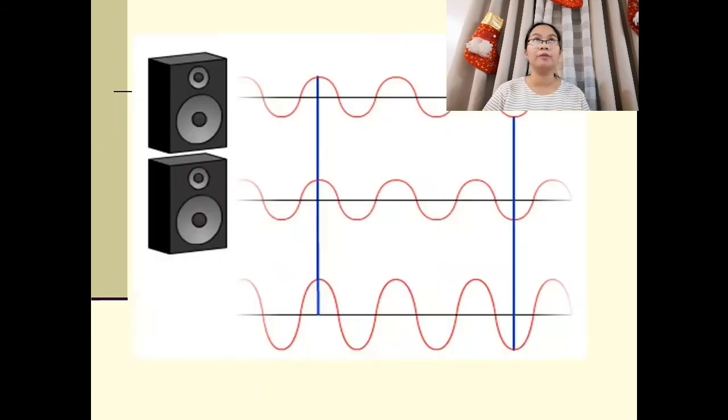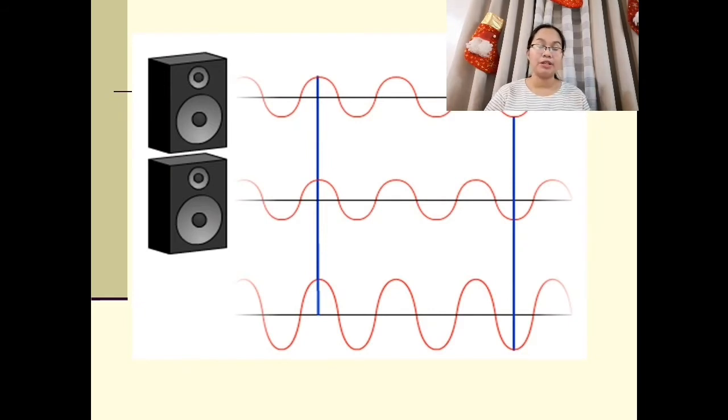For example, a compression meets a compression, and a rarefaction meets a rarefaction. That will produce a louder sound. But if you have a compression meeting a rarefaction, or a rarefaction meeting a compression, the amplitude of sound will actually be diminished, so it will produce a softer sound, okay?